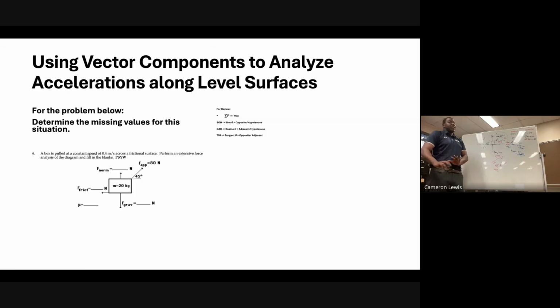I'm going to keep pushing, because the problem that you do on the final exam is actually very easy. But I have to give you this because this is friction surfaces. You need this.